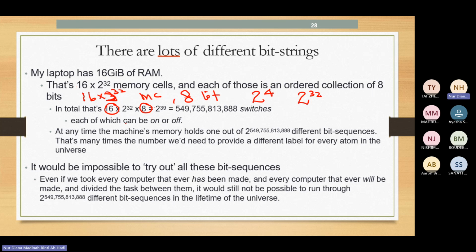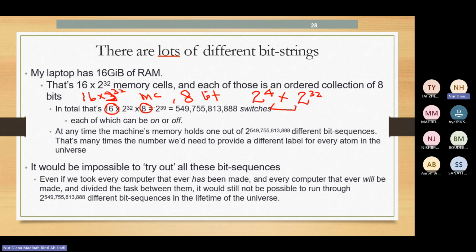If we use 16 times 2 to the power of 32, we use times, but when we convert the 16 into 2 to the power of 4, would the operation here be add or multiply? Add. Why add? Why do we need to add? We did not use the times.